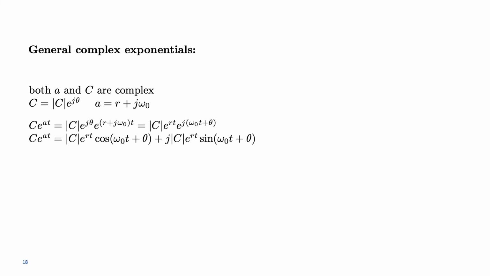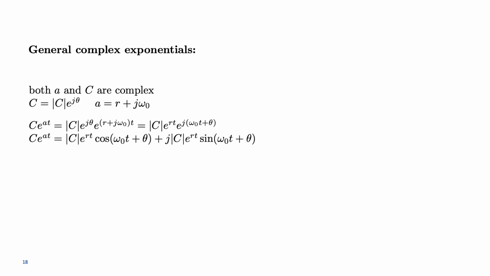Now let's come to the general case, the general complex exponentials. So now let's assume that both a and c in our formula are complex. We can represent c with a polar representation, so magnitude times e to j phase, theta. We can represent a in the Cartesian way, for example, real part r plus j imaginary part omega 0.